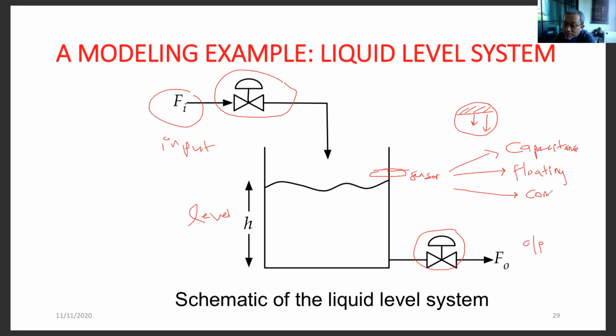Conductor sensor. Okay, so it has two probes. So once the water touches this one and touches this one, it conducts, so the water will stop pumping, right? What else? Ask the students, they have a lot of industrial experience.